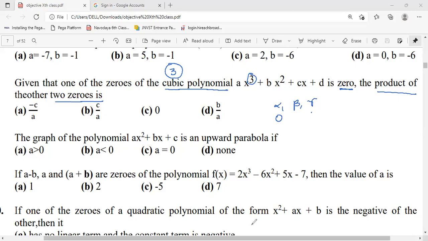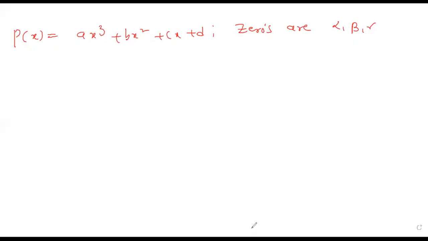Okay, we'll go to the formula. They gave the polynomial p of x is equal to ax cube plus bx square plus cx plus d, and the zeros are alpha, beta, gamma, and one of the zeros is 0. To find the product of the remaining two zeros, we have three types of zero combinations.